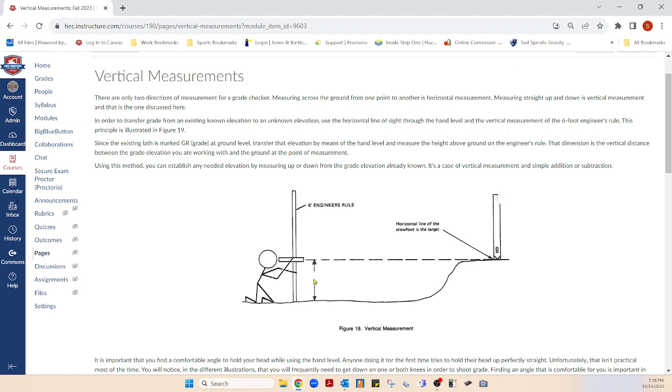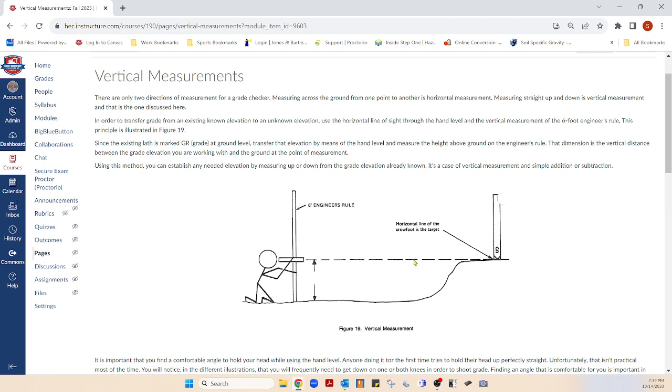So if he's reading exactly 3.0 feet, when he puts his stake in the ground, this is not the stake, this is the ruler. What is he going to write on that stake? Is this going to be a cut, or is this going to be a fill?